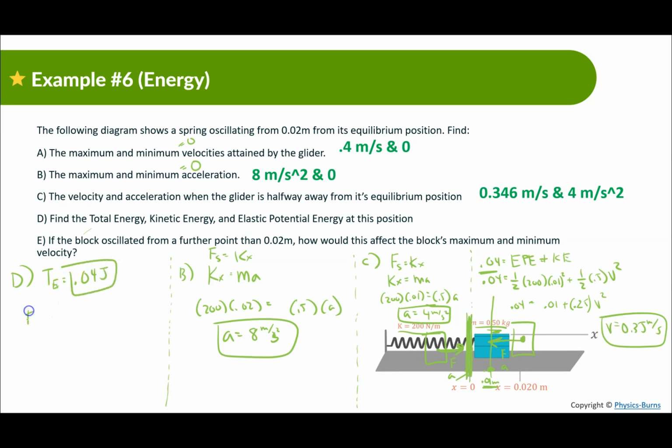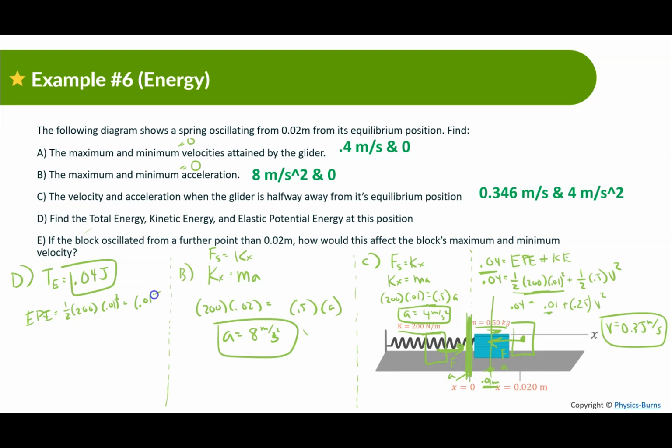The elastic potential energy is going to be equal to 1/2 k, 200, times 0.01 squared. So let's do that. 1 squared, 100. Oh, and that's 0.01, which we found before. Yeah, we found that right here.